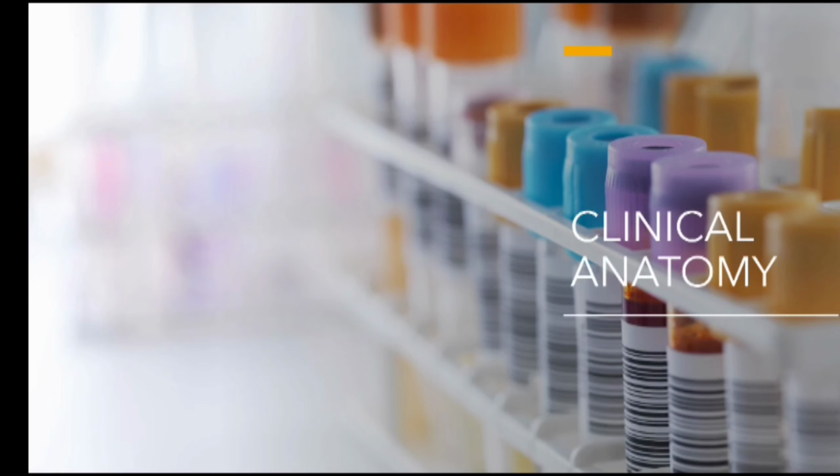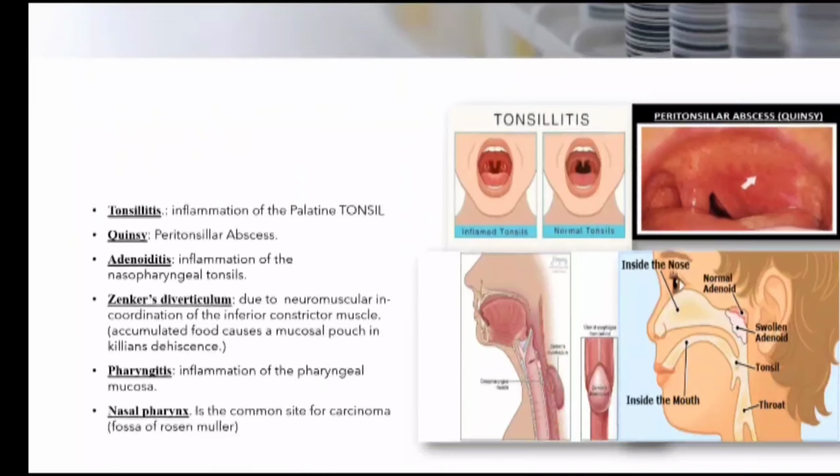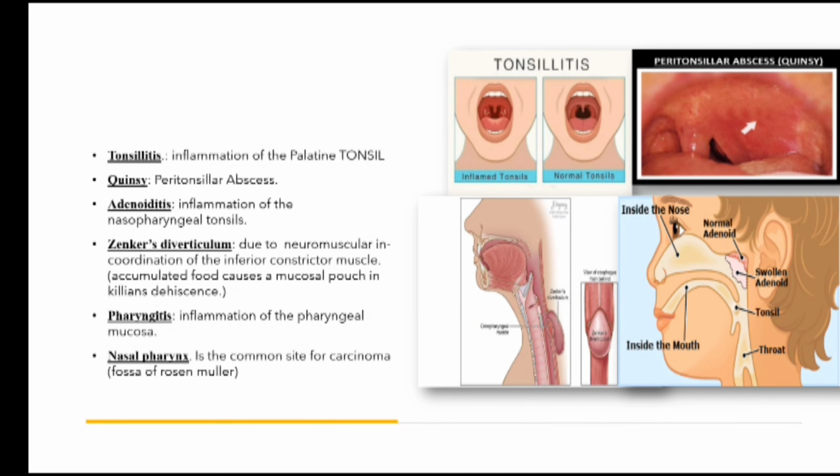Now let's talk about the clinical aspects. The common pathologies related to the pharynx are tonsillitis, which is inflammation of the palatine tonsil; quinsy, which is a peritonsillar abscess; and adenoiditis, as I already talked about, which is the inflammation of the nasopharyngeal tonsils and can block the airway in children.